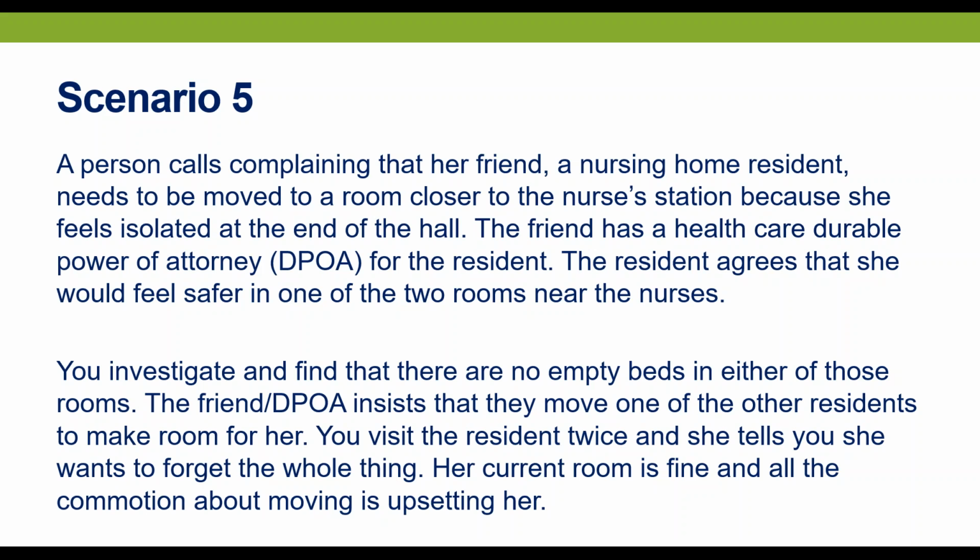So I guess it's not necessarily that they did anything wrong. I'm assuming, again, for the purpose of this training, we're just basing it on the scenario in front of us, but perhaps the person that called, the power of attorney, had already asked the facility to move the resident and the facility didn't, and so now they're reaching out to the Ombudsman program.